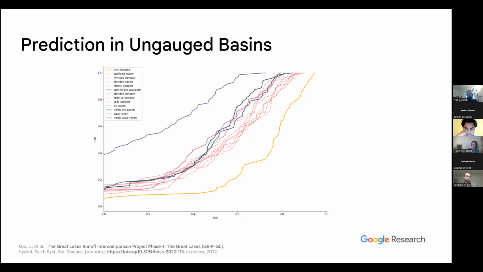And the solid lines are regional hydrology models, models that potentially could be applied to any basin in the way they are calibrated. You see that in this setting, even the per-basin hydrology models with the donor basin approach seem better than the regional hydrology models. But the LSTM, again, is substantially better than this bulk of hydrology models.